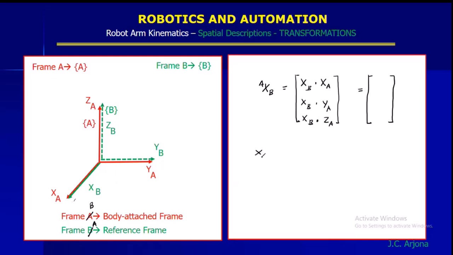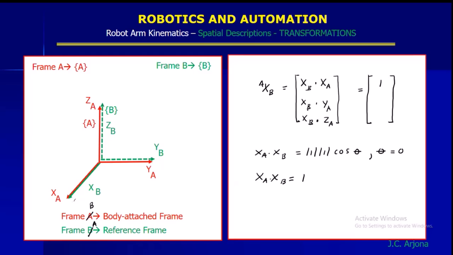So XA dot XB is equal to, since these are unit vectors with magnitude 1, cosine of the angle theta, the definition of the dot product. What is theta? The theta here is equal to 0 degrees. So our XA dot XB is equal to cosine 0, which is 1.